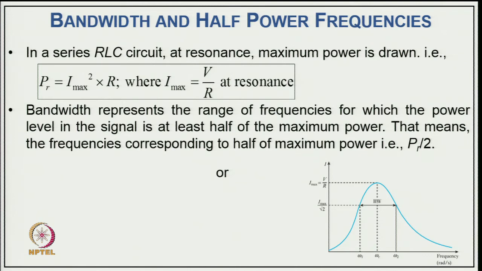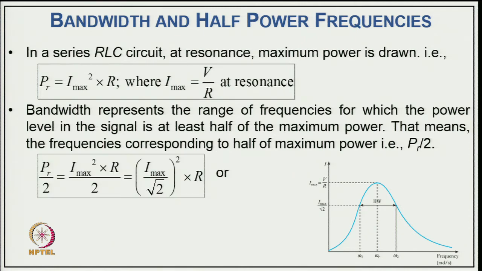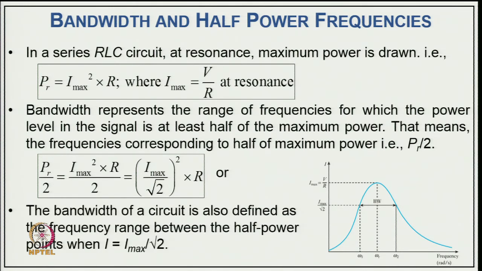Bandwidth represents the range of frequency for which the power level in the signal is at least half of the maximum power, that means the frequency corresponding to half the maximum power, P_r by 2, equal to I_max squared by 2 into R, or (I_max upon root 2) squared into R. So the bandwidth of a circuit is also defined as the frequency range between the half-power points where I equals I_max upon root 2.